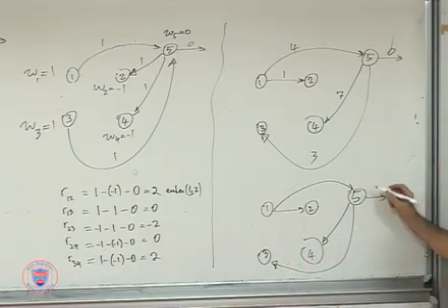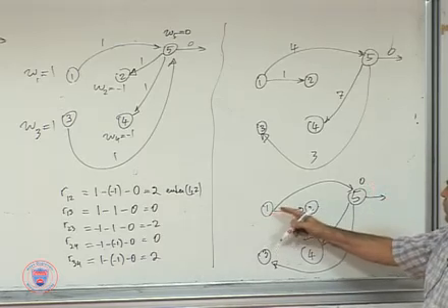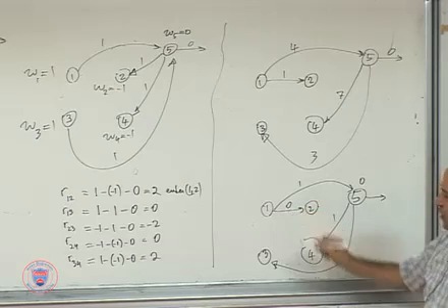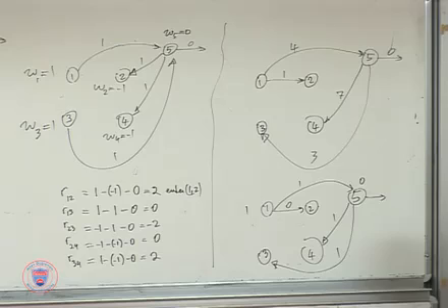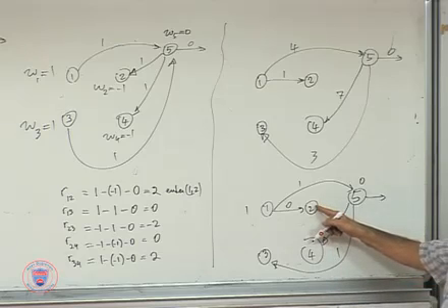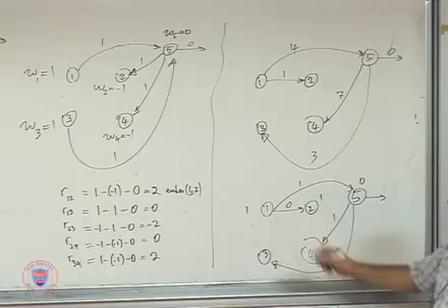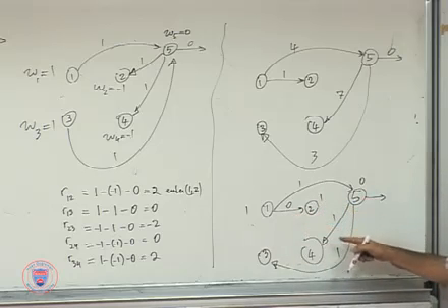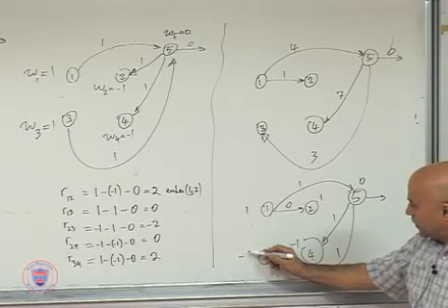All right, so W5 is 0. W1 will be, the costs are 1, 1, 1. This one has a cost of 0. So this has a W value of 1. This has a W value of how much? 1. No, 1 minus 1. Yeah, 1 minus 1 is 0. Okay. What about this one? Minus 1. This one is also minus 1.